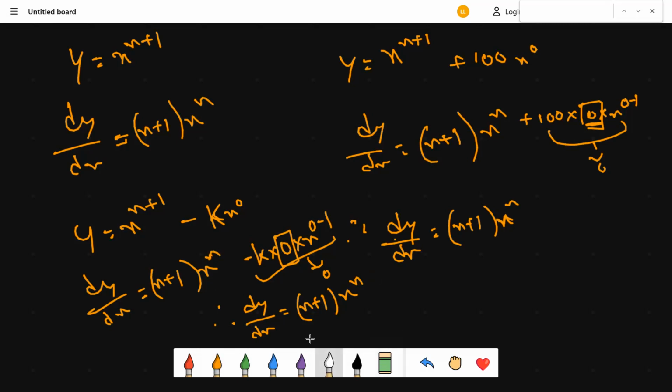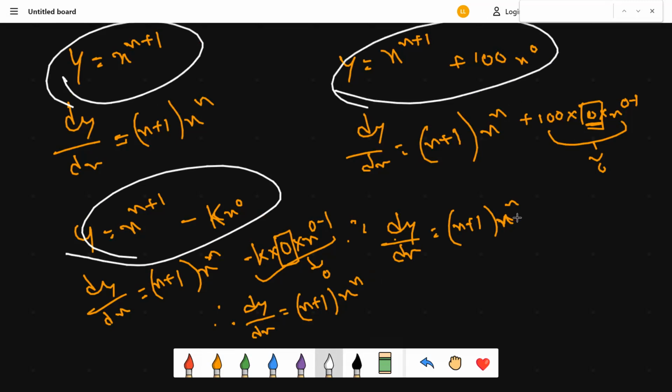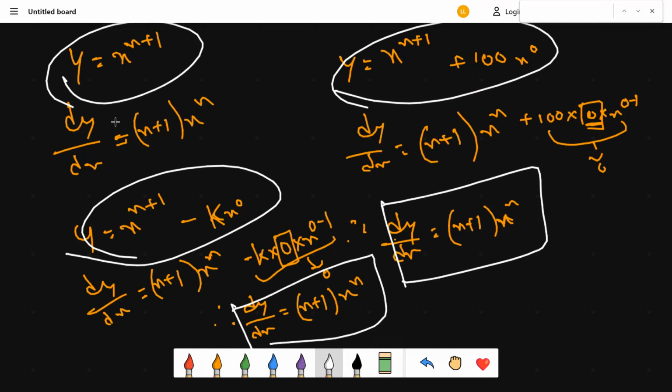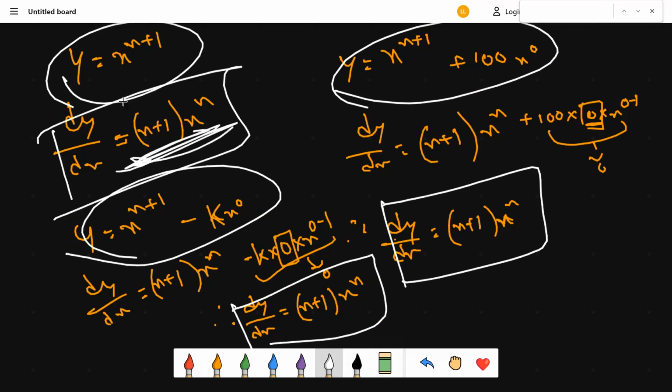So that means for the three different equations, we got the exact same result. Now, integrating this result, which of these functions should we get then? Which one is the correct answer? Isn't that the question?